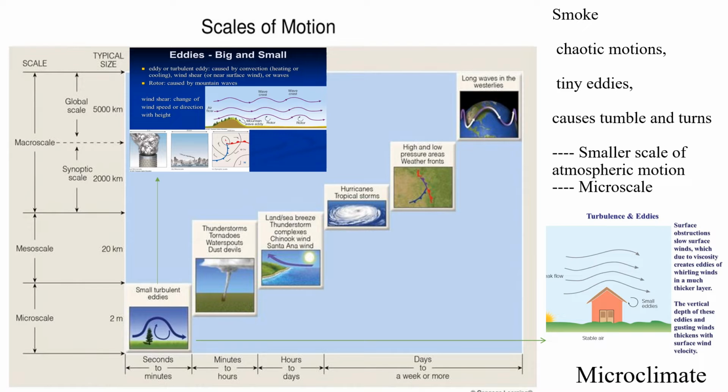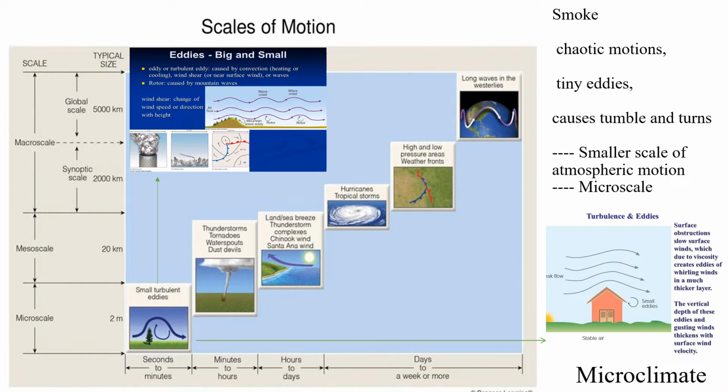These eddies constitute the smallest scale of the atmospheric motion, and this smallest scale of the atmospheric motion we call microscale.